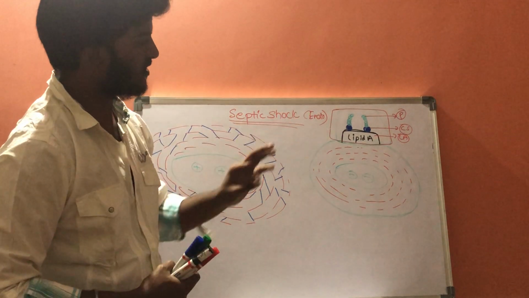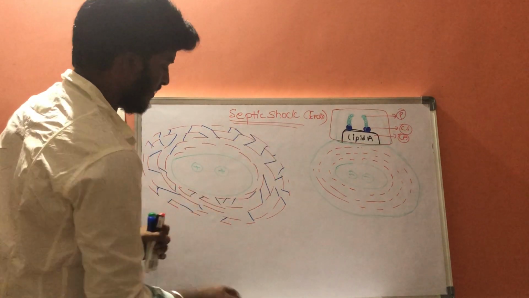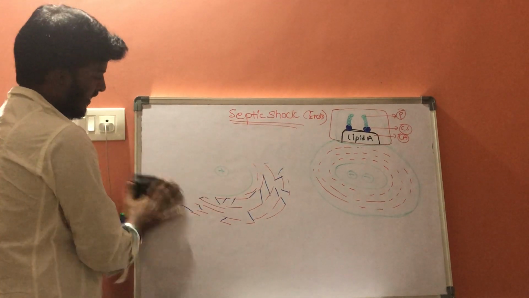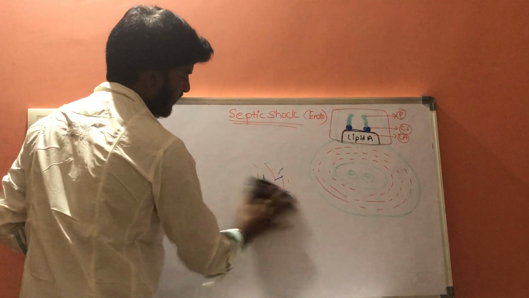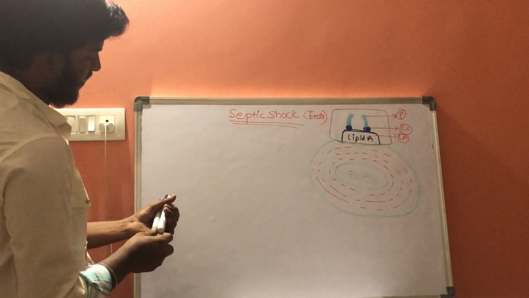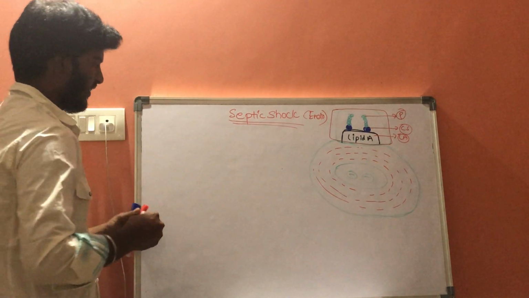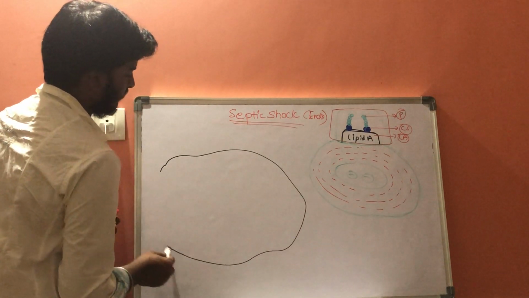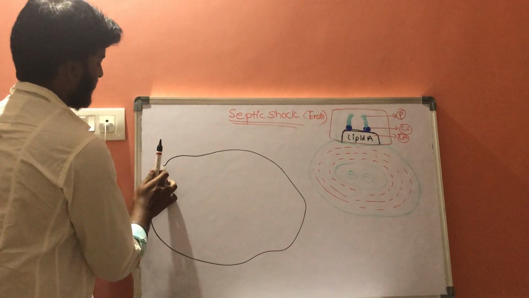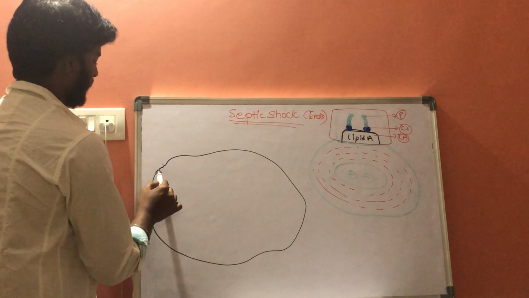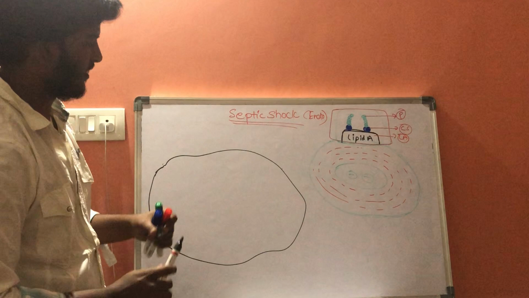Now let us discuss the mechanism of endotoxins in causing septic shock. Let us consider one macrophage.